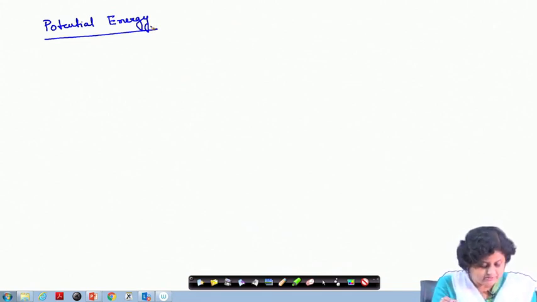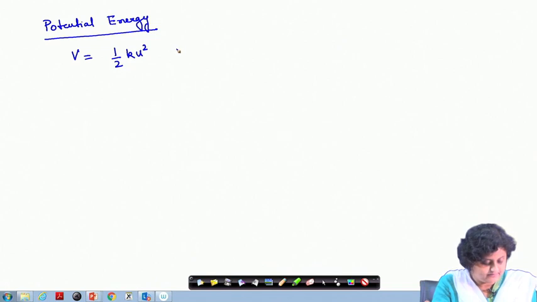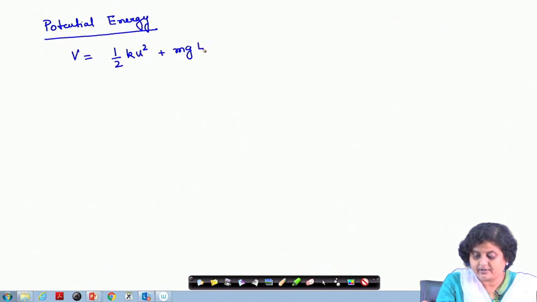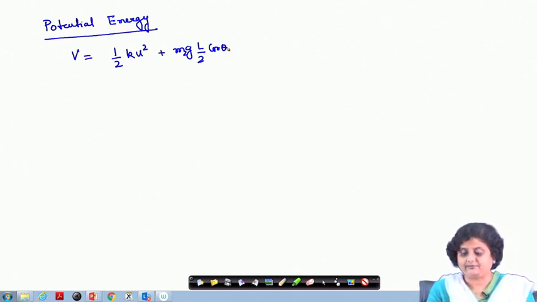The potential energy is going to be half k u square, the spring energy, plus m2 g L by 2 cos theta. So, this is going to be the kinetic energy of the system, and this is going to be the potential energy of the system.